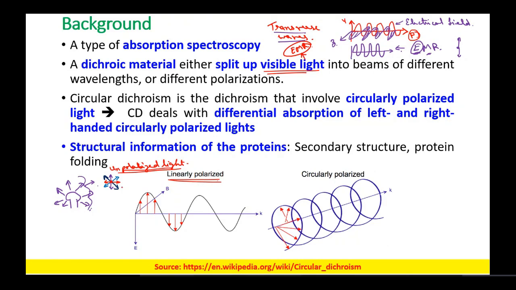Now when this unpolarized light is passed through a material which has the capability to modulate it such that only the light beam having polarization in a particular direction is passed through, that material is called a polarizer.